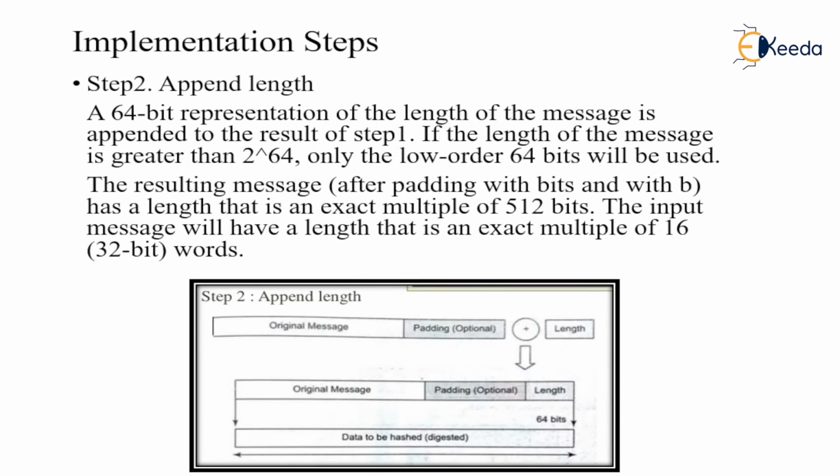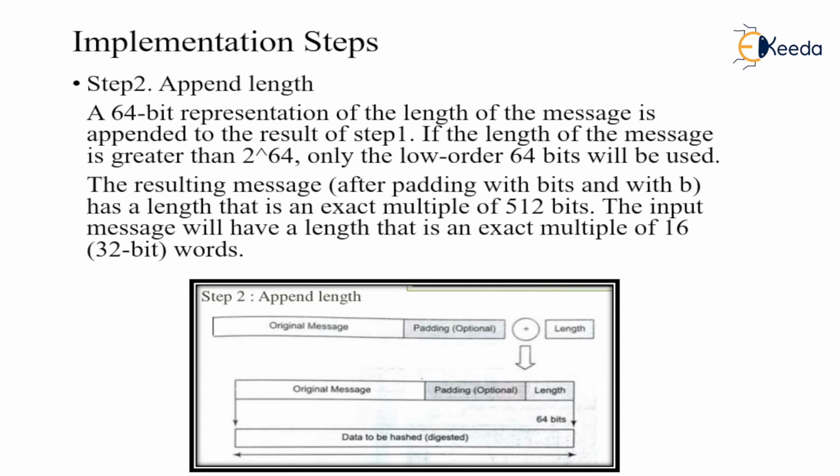Step 2 is append the length. A 64-bit representation of the length of the message is appended to the output which we get from the first step. If the length of the message is greater than 2 to the power of 64, only the lower order 64 bits will be used. Here you can see in the figure that the original message plus the padding from step 1 is then appended with the length of the message, and everything is combined.